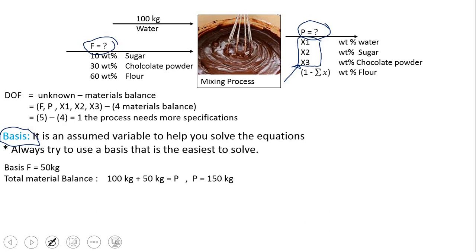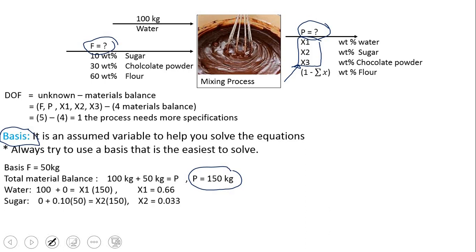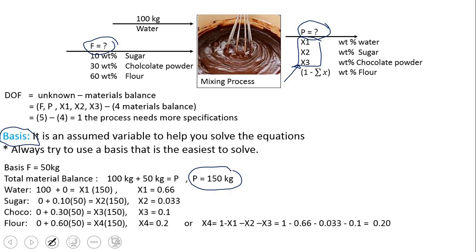So the basis I have taken is F as 50 kilogram of cake mixture, and if we apply the total material balance, we can get the value of B. And if we do the component balances of water, sugar, and chocolate powder, we can get the values of the compositions for the mixtures.